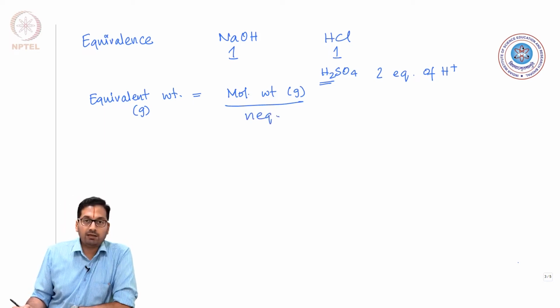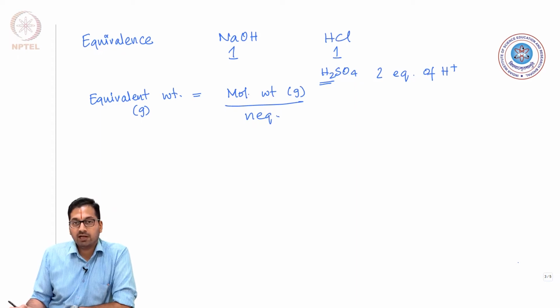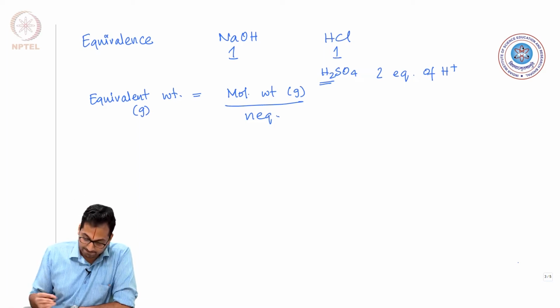Here, unlike molarity, which doesn't depend on what kind of reaction you are using the chemical for, this definition of equivalent weight requires knowing what you are going to be using the chemical towards. For instance, let's say you have NaOH that could be used for a neutralization reaction.